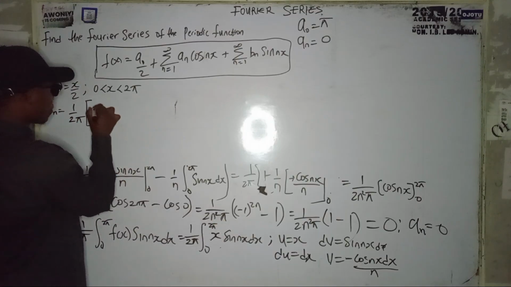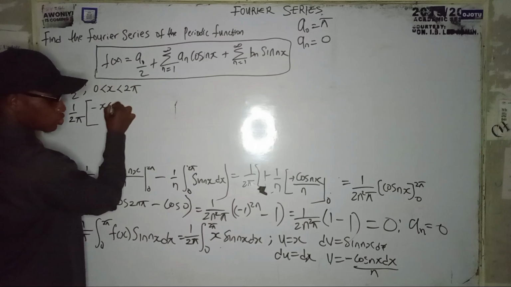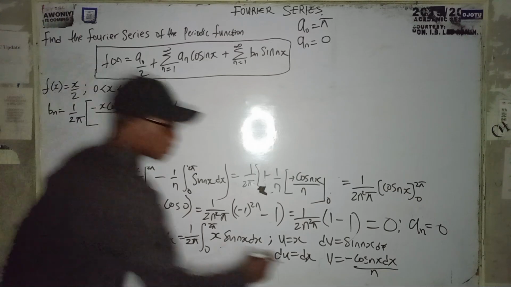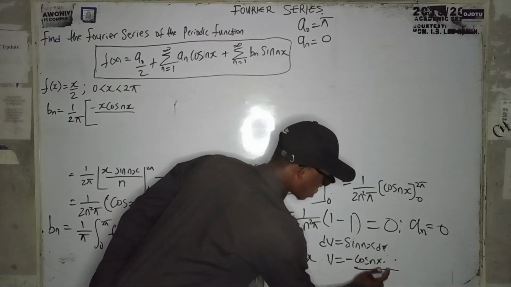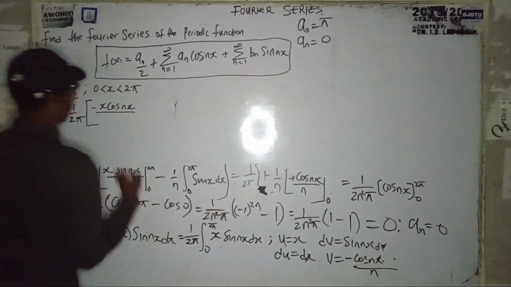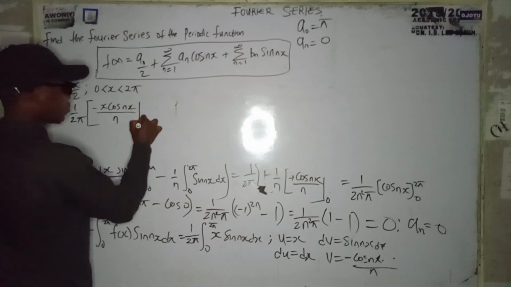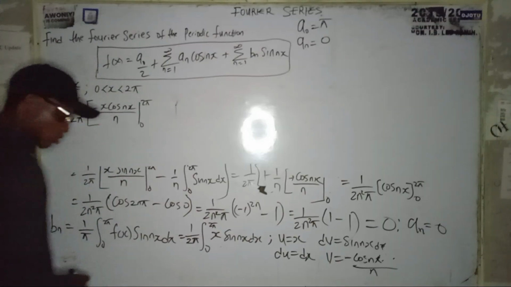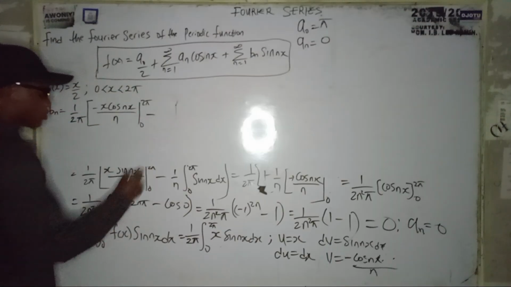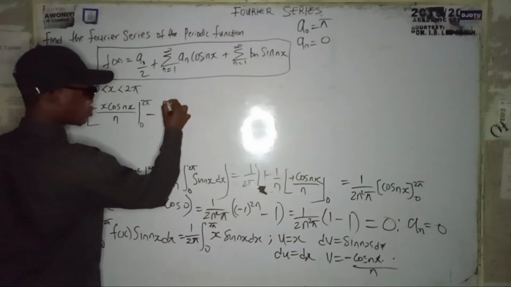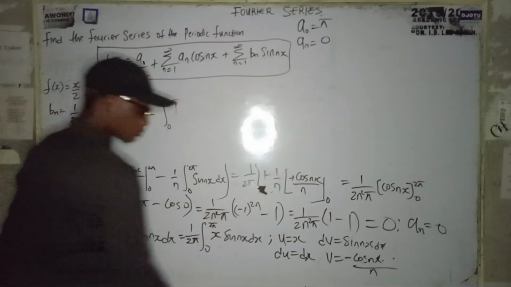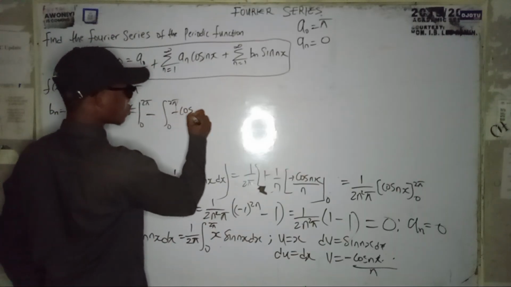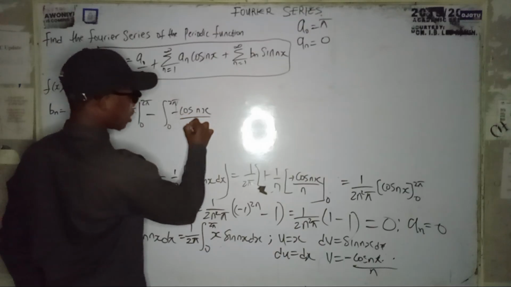So we have minus x cos nx over n, let's remove this dx here because it has been integrated already, from 0 to 2 pi, and then we also have minus the integration from 0 to 2 pi of v du, which is equal to minus cos nx over n.